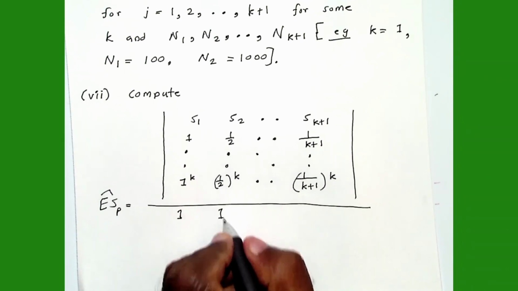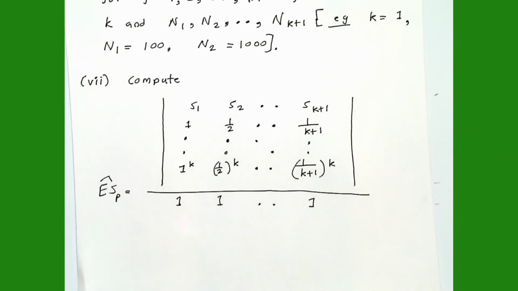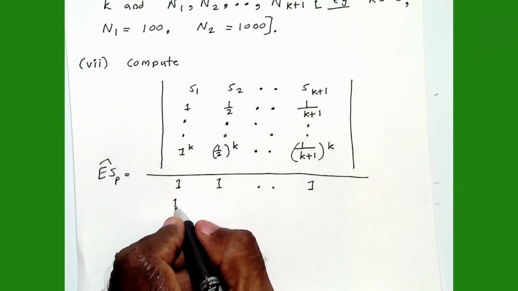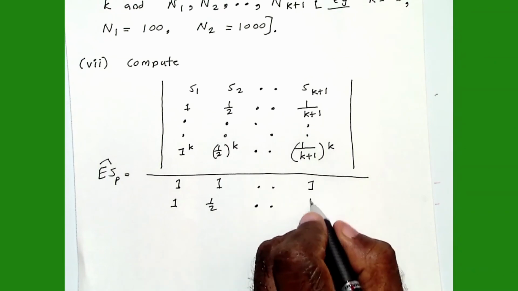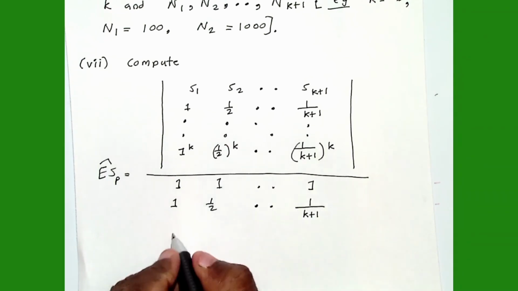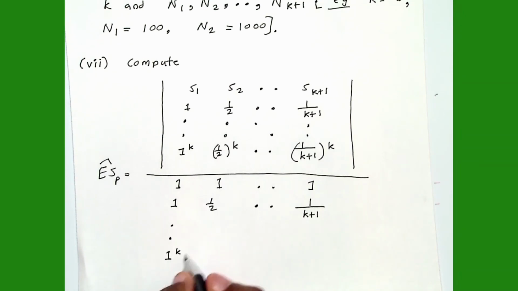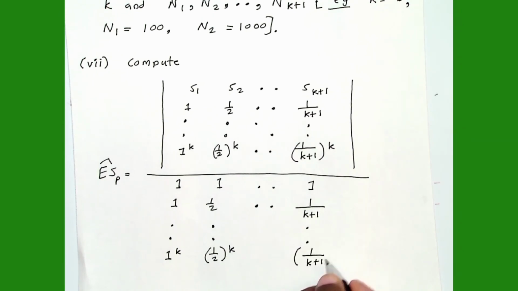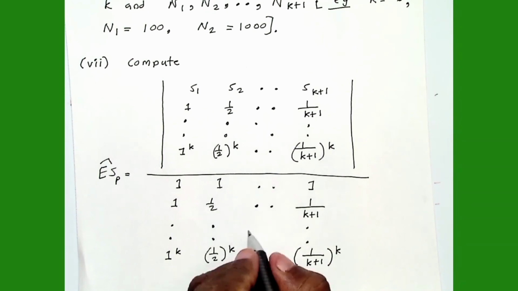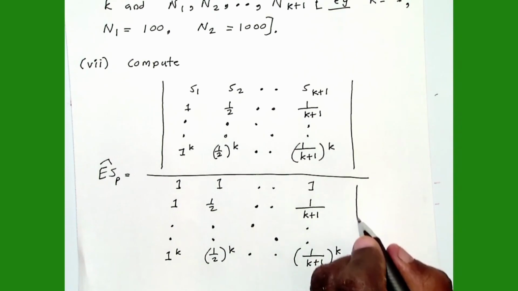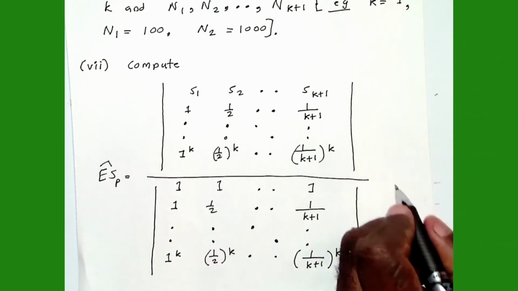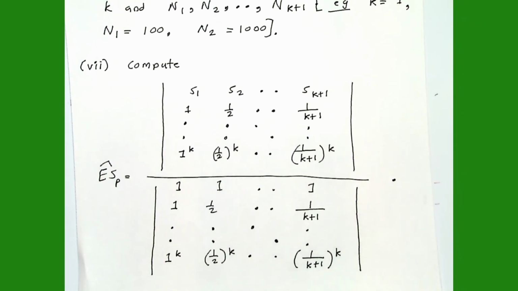This is 1, 1, 1, half, okay. So it's estimated as a ratio of the determinants of these two matrices, right?